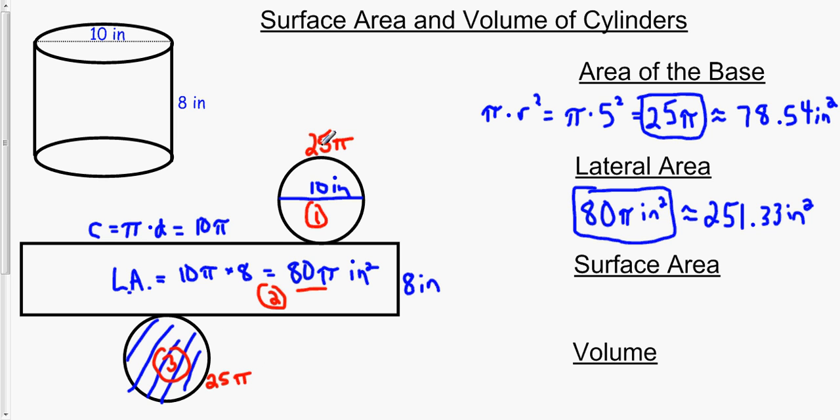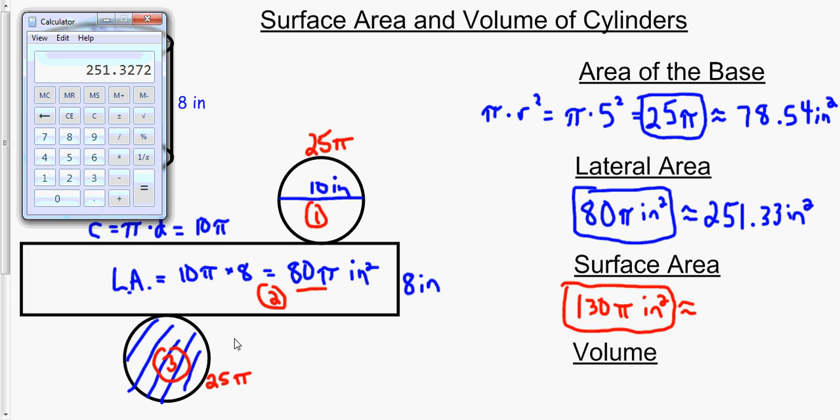So 25 and 25 is 50. 50 plus 80 is 130 pi inches squared. And once again, if we want a decimal approximation, we can type that into our calculator. 130 times pi, and we get 408.41 inches squared.